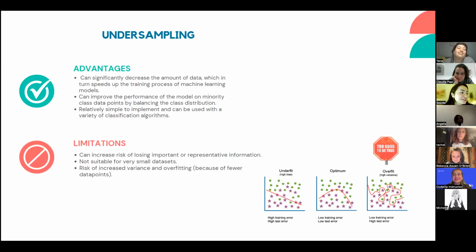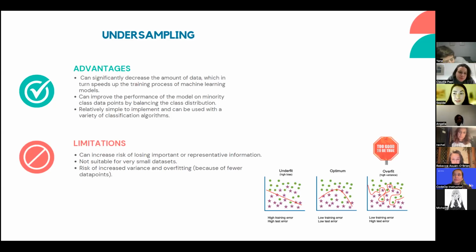So the advantages are that it can decrease the amount of data, which can lead to faster model implementation, it can also improve the performance of the model on the minority class, and it's again relatively simple to implement. But it can increase the risk of losing important or representative information in our data set.